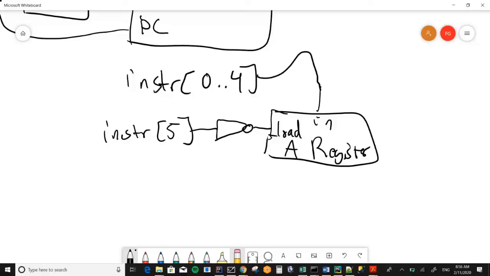So here, those instruction bits are constantly trying to be loaded into the A register, but we only allow it when this is a 0. It's like these bits are knocking on the door of the A register. Please, please let me in. But we only let it in when we've got a 0 in the upper bit. It's pounding at the door. Please let me change.